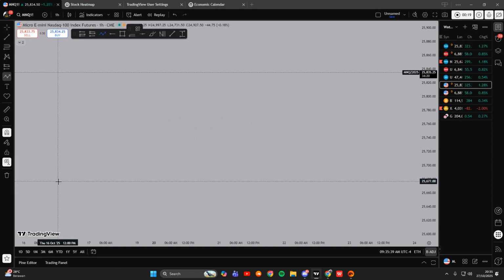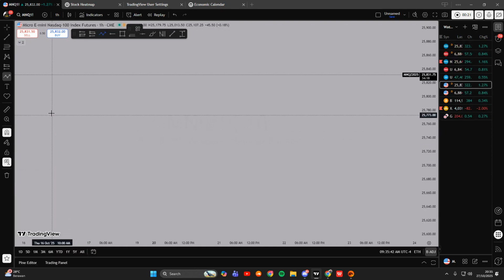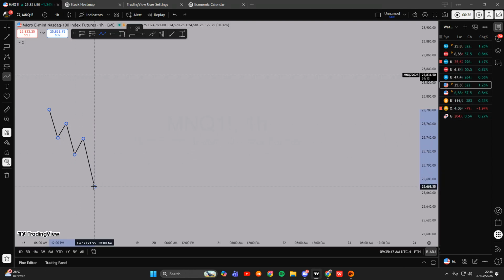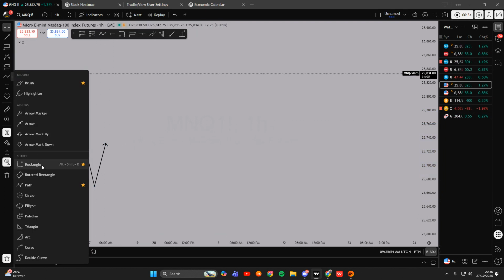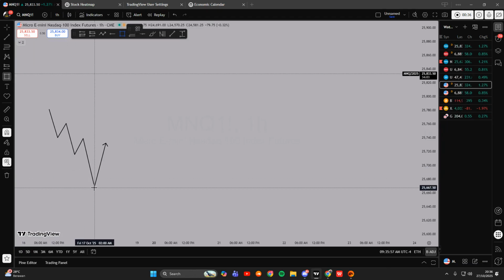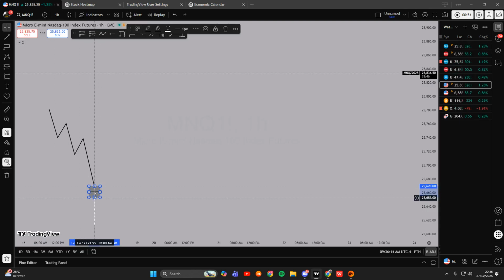Let's say price is bearish and taps into a PD array down here, and then we react off that like crazy. Usually the candle leaves a wick, so it would look like this.